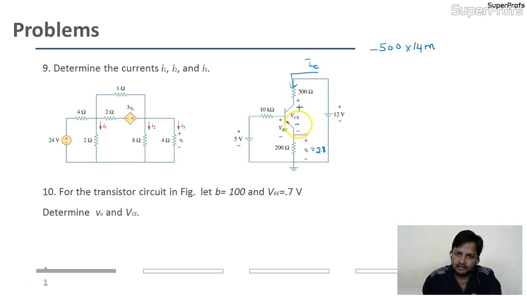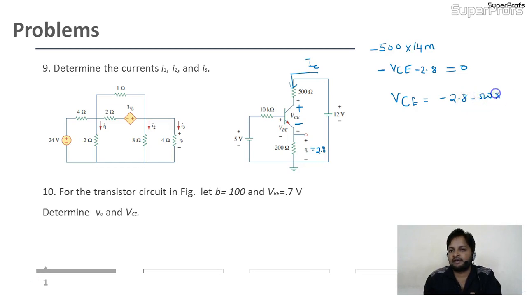This is the positive sign, this is the negative sign, so minus VCE. Here I am getting minus 2.8, and this is the ground. Everything is okay. So VCE is nothing but minus 2.8 minus 500 into 14 milli. So you will get VCE, and solve it. It's up to you now.